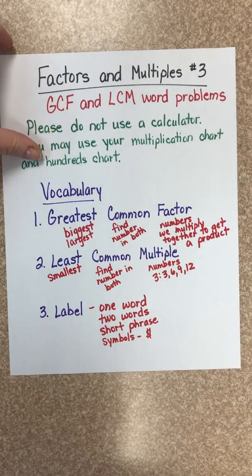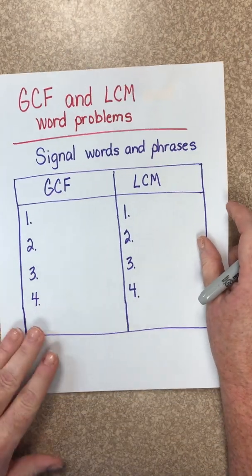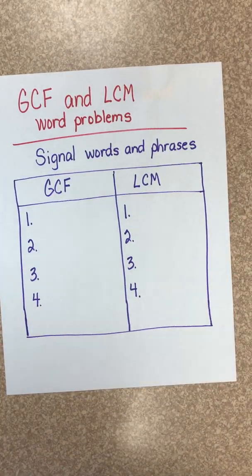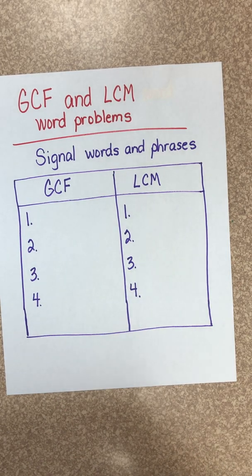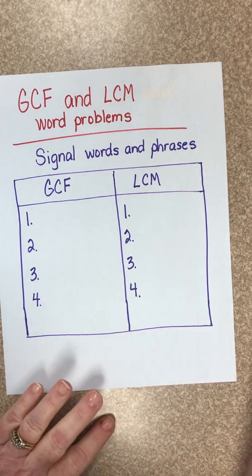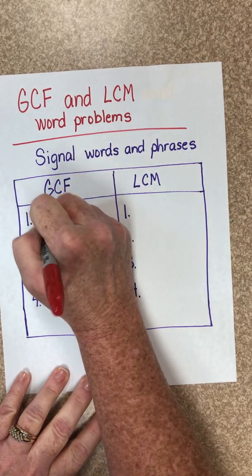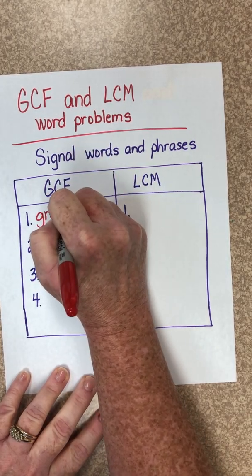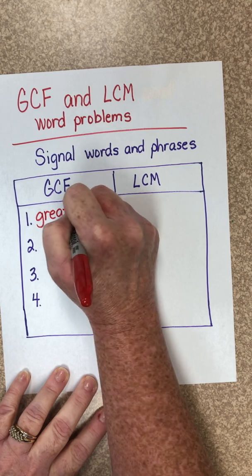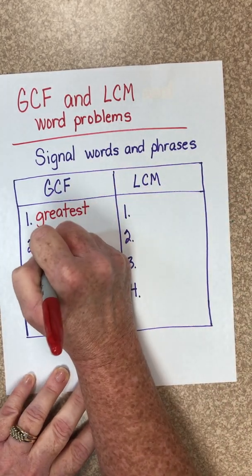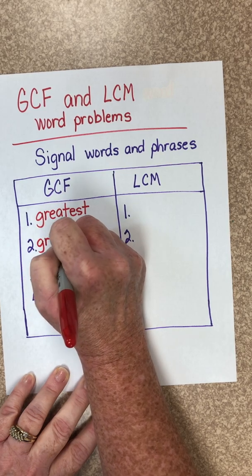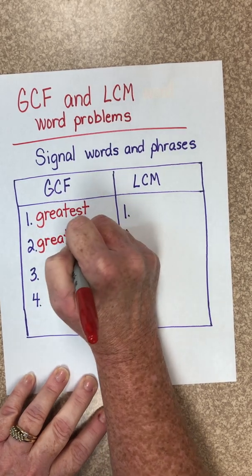Let's begin by looking at some signal words or signal phrases. For the greatest common factor, the most common signal word, of course, is the word greatest. You might even see greatest number, greatest part.